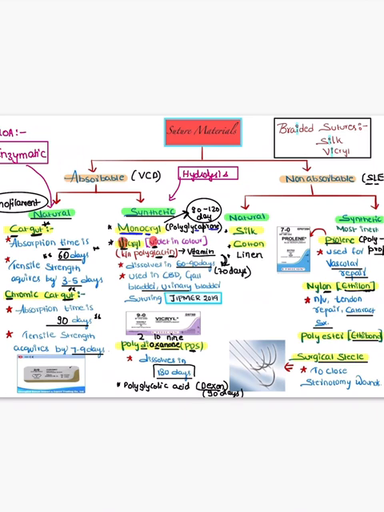Now then you have polyglycolic acid, that is Dexon, the mnemonic is code. If you write the mnemonic code DO, that looks like 90 days. So what are the things that have 90 days? One is the chromic catgut, guys. Then you have Dexon, also you can remember vicryl, and this monocryl. This monocryl is just like the death of RBC, after about 90 to 120 days.